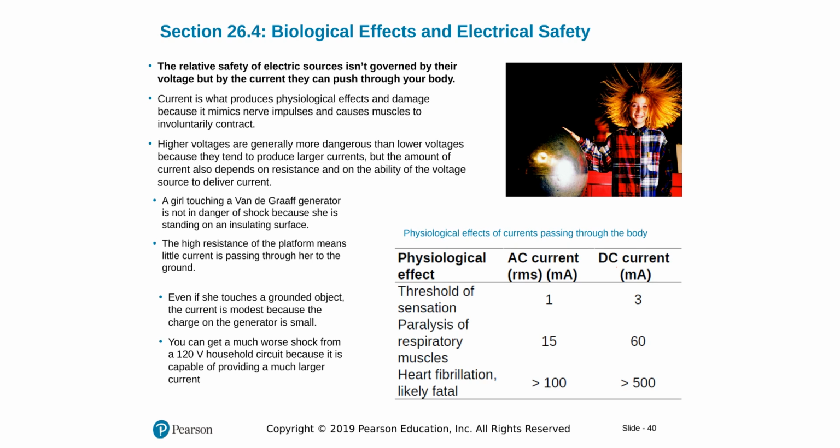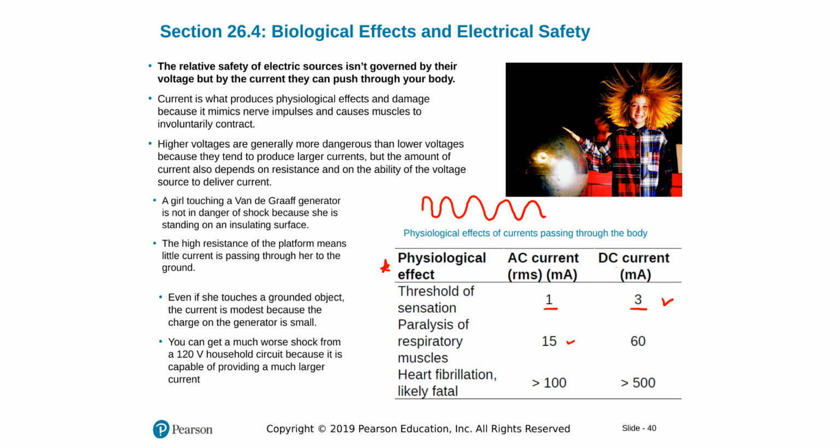Biological effects of AC currents are dangerous because of this change in nature of the current. Our body cannot adjust to it ever, and they can harm us a lot easier than DC currents. This table here is nicely listed. Threshold value of sensation, we feel some annoyance at 1 milliampere AC, 3 milliampere DC.